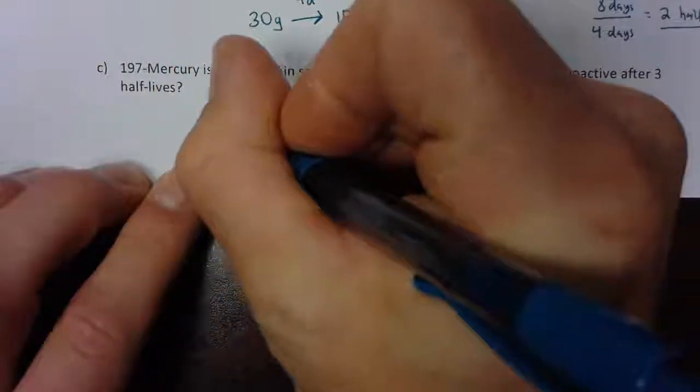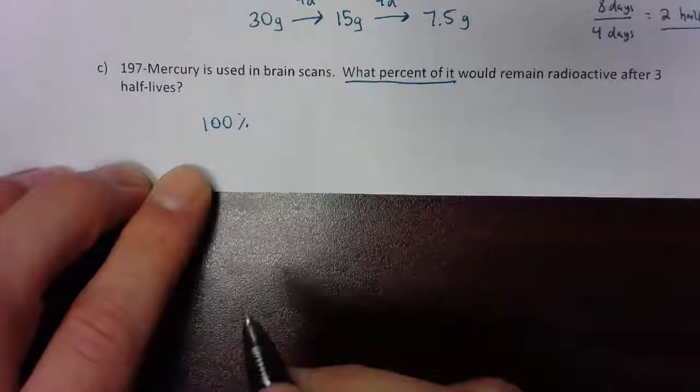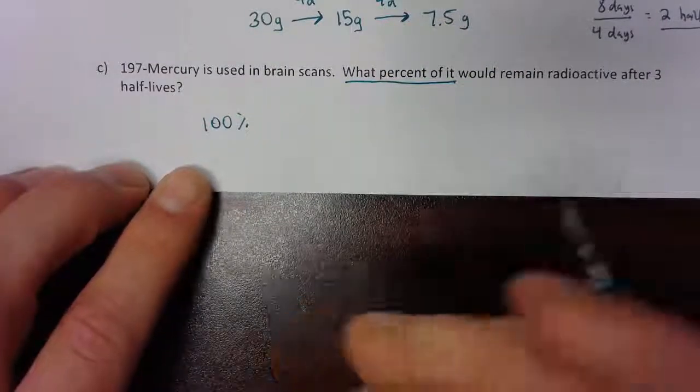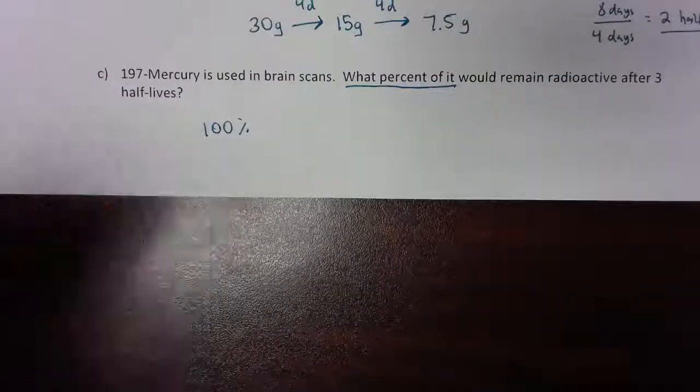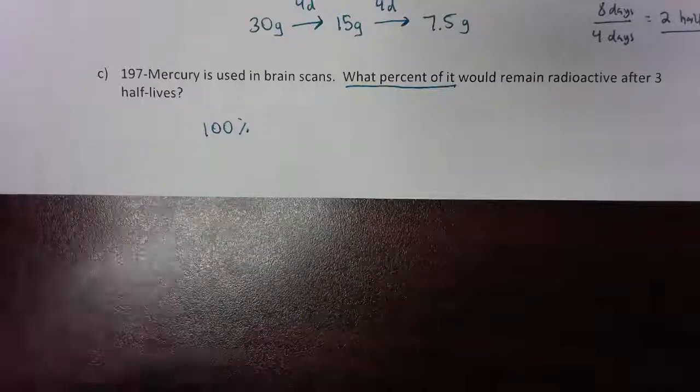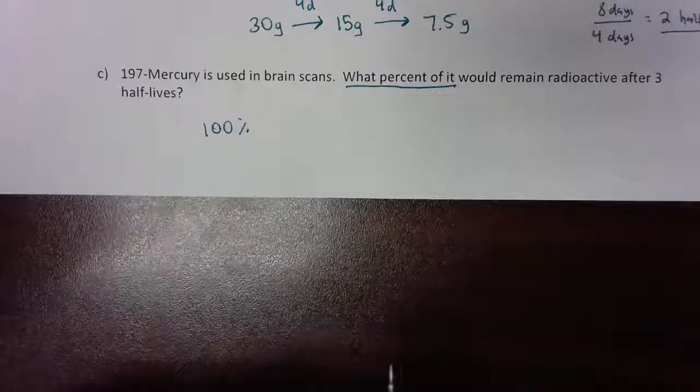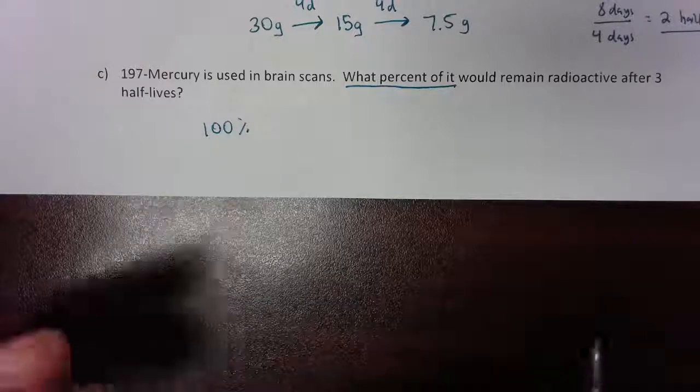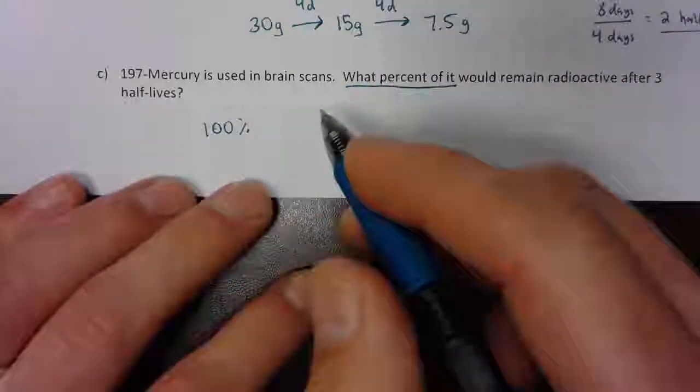This implies that we start with 100%. Because if you start with a sample, it is, of course, 100% of itself. Whether it's 1 gram, 10 grams, 100 grams, the starting point is 100%.